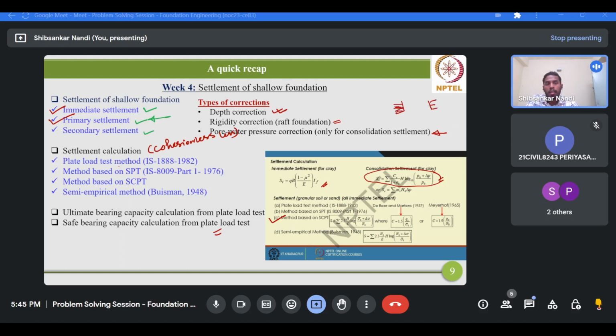So you have to consider 3D consolidation, and that's why this pore water pressure correction factor comes into picture. So this is all about the types of corrections and their validity depending on the circumstances.